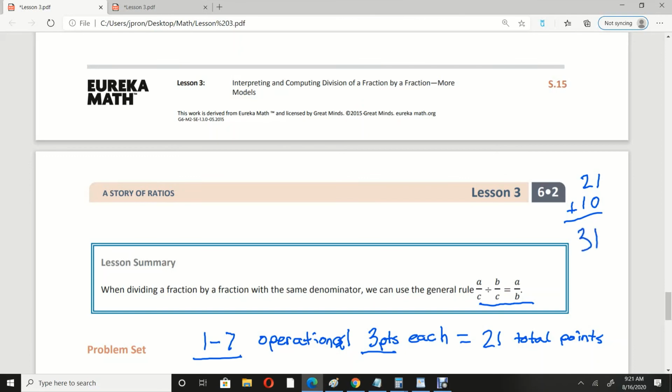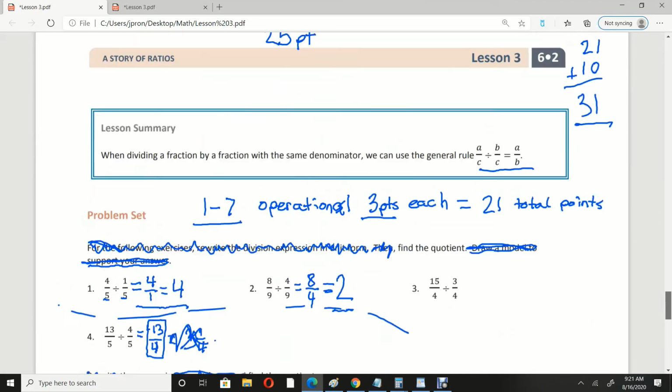And what that means is I am going to make this, because I like to build in some free points for you, a 25-point assignment, okay? So yes, you could exceed the number of points. What if I get all of them correct and I get 31 points on the assignment?